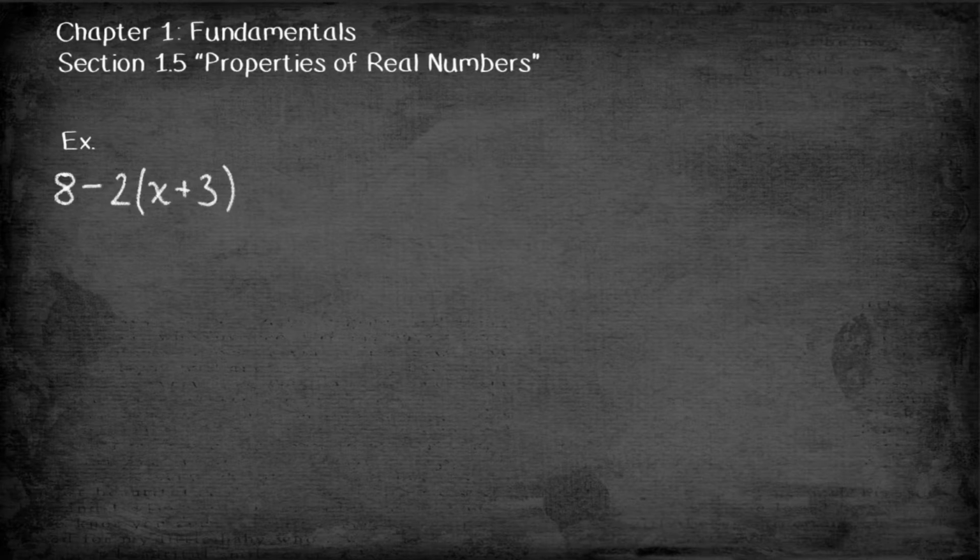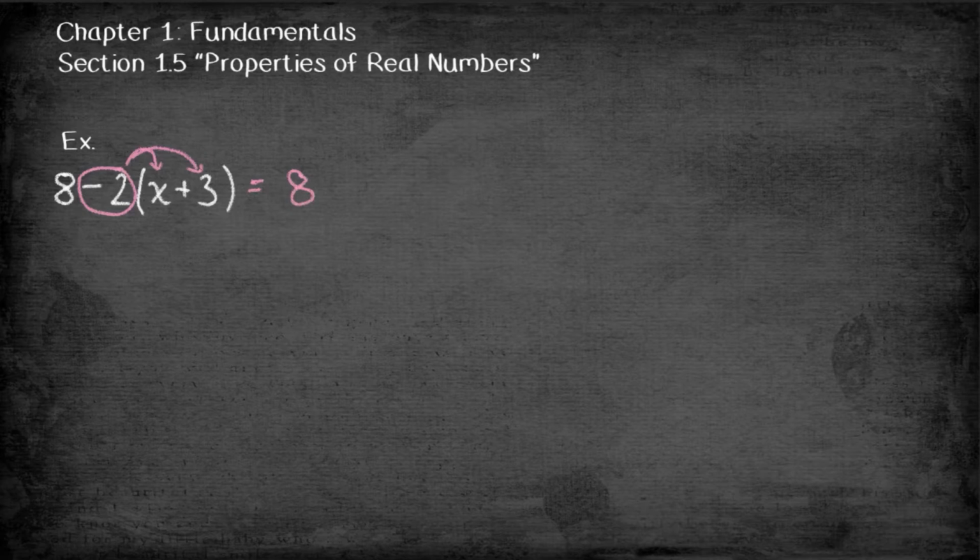So here we're simplifying 8 minus 2 times the quantity x plus 3. So now there's other stuff. That's okay. When it comes to simplifying with the distributive property, it's going to work the same way. And this number out front is going to be distributed to both terms inside the parentheses. However, again, we have a minus sign, so we have to be conscious of what that is going to be doing to our answer.